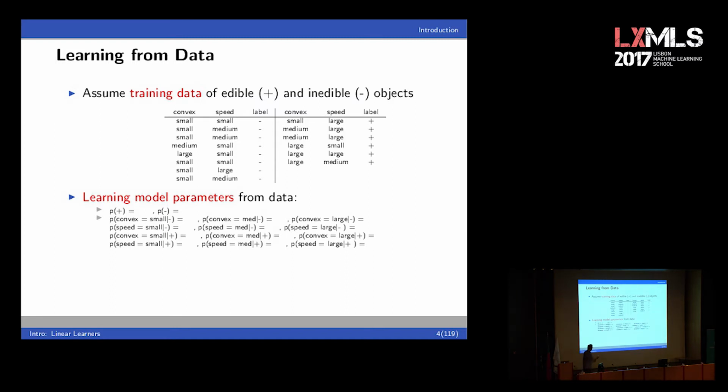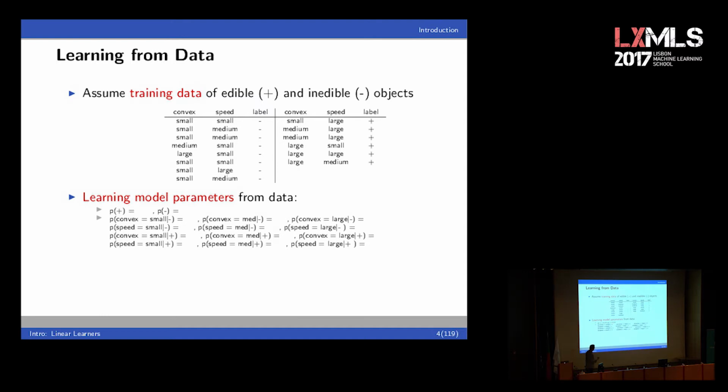So does anybody have an idea how we could compute these probabilities from the data we have here? What would the probability of edible be, given these data, if that's all we have? Can we just count or do something? Yeah? And how? So you basically count up all labels, right, and take the fraction. 6 by 14 and 8 by 14 for the labels.